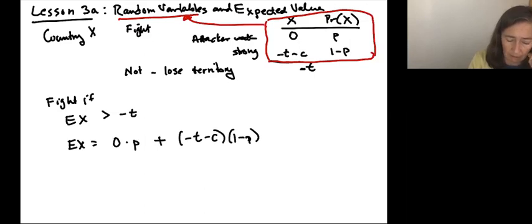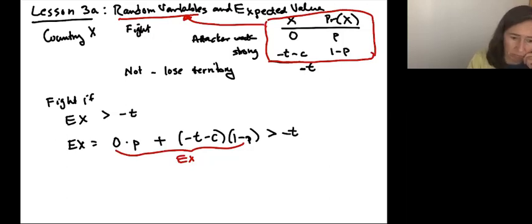Okay, so this part is the expected value of X there. And the question that we're interested in is whether this is greater than negative T or not.